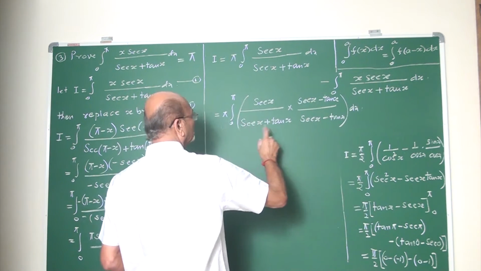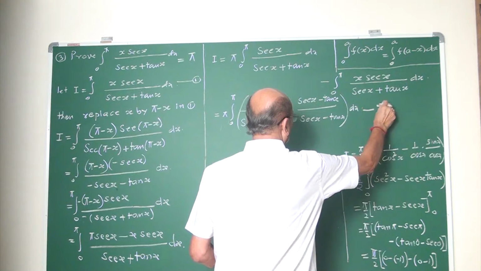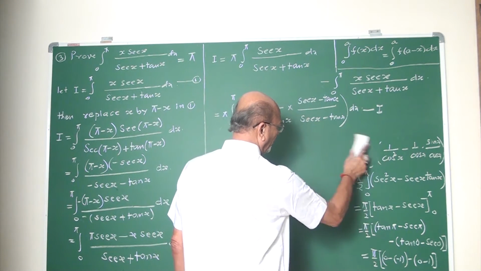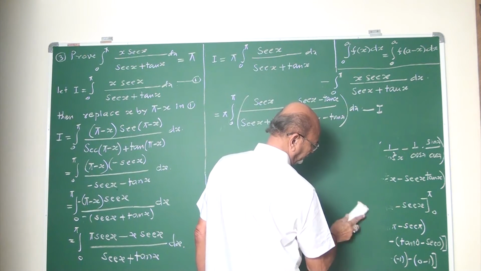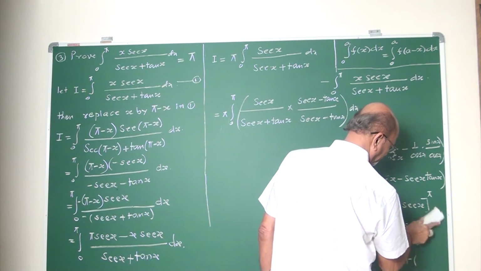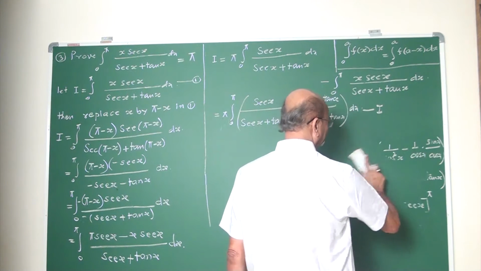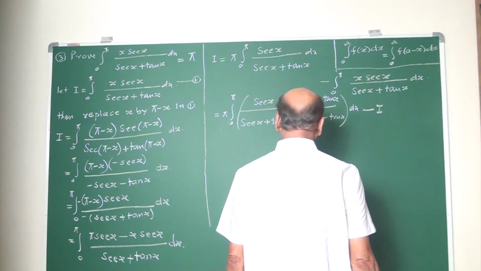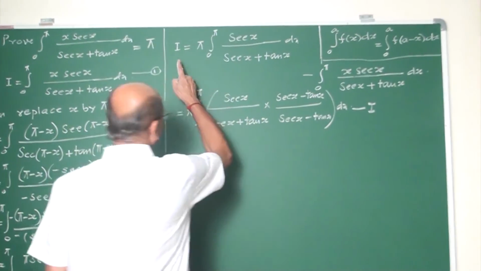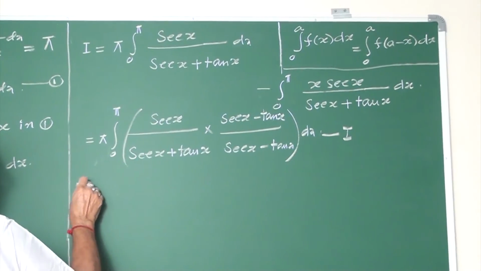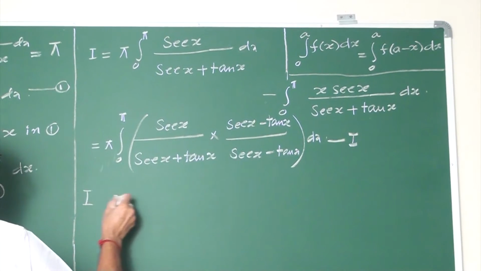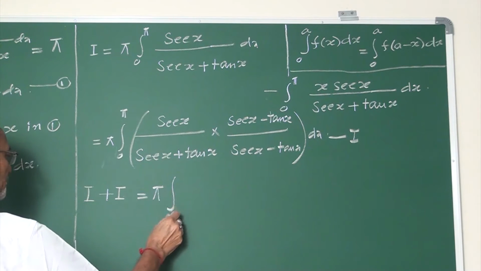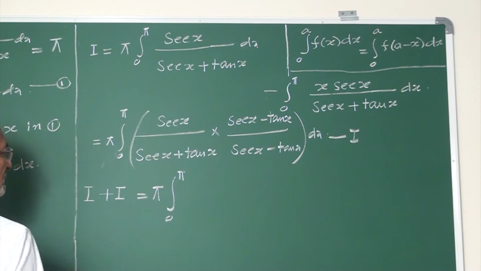This, my friend, minus this is integral I. This integral is I, substituted. This side you have already I on the LHS; the RHS minus I becomes plus I, so it equals pi times the definite integral 0 to pi.